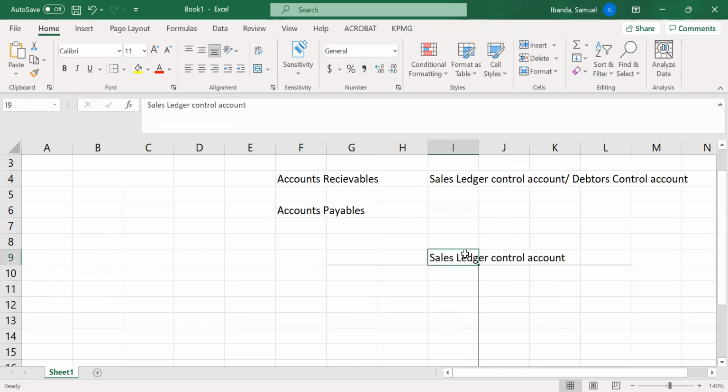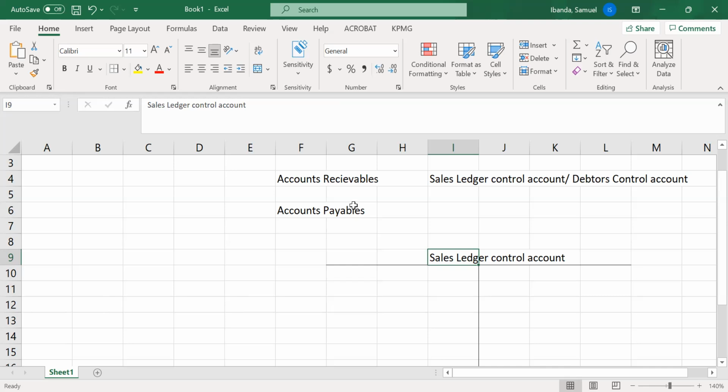Now here I'm calling it the sales ledger contra account, but it's also the debtors contra account, or the account receivable contra account.